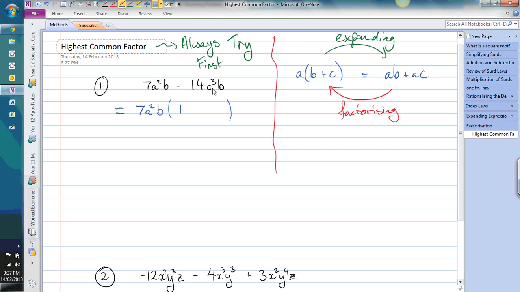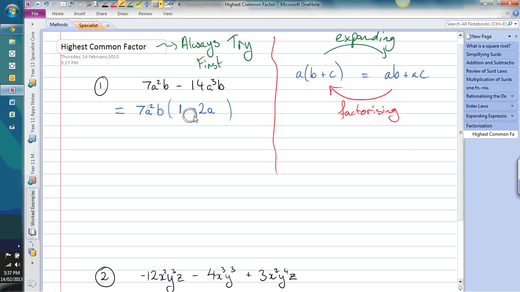The second term, if I divide it by 7a squared b, well, dividing the 14 by 7 will give me 2, and in fact it's negative 14 divided by 7, so it's going to be negative 2. Dividing a cubed by a squared, thinking my index laws, something cubed divided by something squared, subtract the powers, it's going to be a. And b divided by b, that's just 1. I don't need a b in here at all.